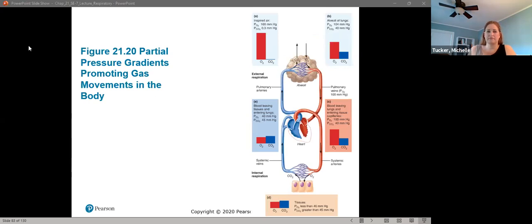This is a graph or figure that puts it all together, where we have inspired air. The partial pressure of oxygen is 160, partial pressure of CO2 is 0.3. At the level of the alveoli, due to mixing and offloading and onloading, the partial pressures are 104 for oxygen and 40 for carbon dioxide.